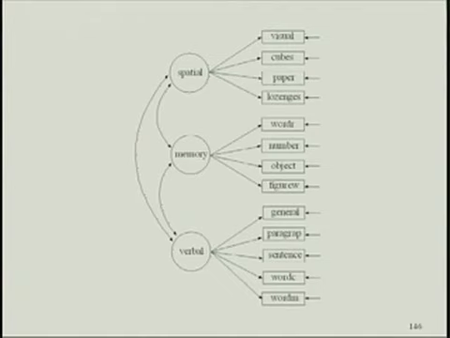But now, the spatial factor has loadings only for visual cubes, paper, and lozenges. All the other factor loadings are 0. And memory has factor loadings for only the variables involved in the memory factor, and the verbal only has the verbal factor indicators. So that's a big difference between that model and the EFA model.